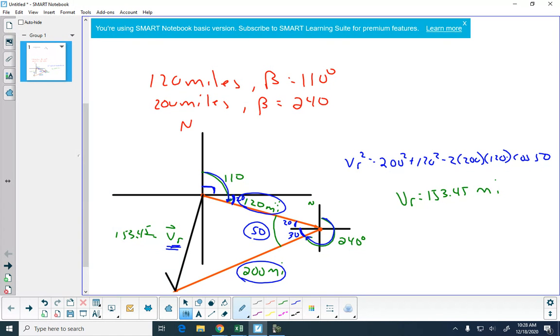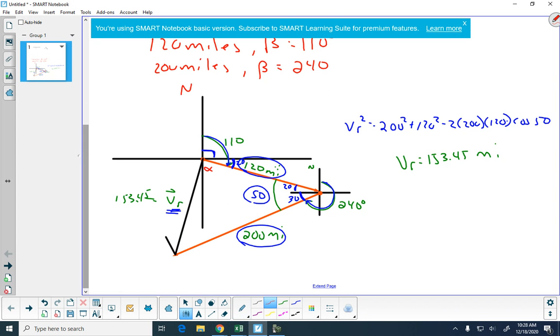Now, the problem we run into here, we always want to calculate the angle at the original origin. This is your alpha value. The problem is this alpha value is across from the biggest side. I have 120, 153, and we have 200.